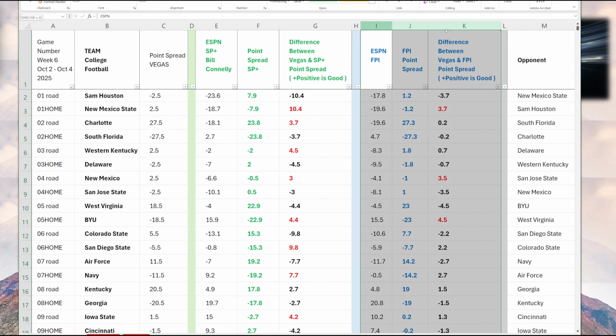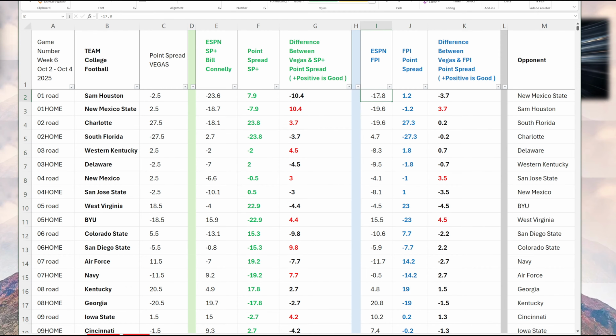Now this next group of numbers, the ones in blue, are from another power rating, also from ESPN, called FPI, the Football Power Index. The Football Power Index is a rating system for each of the college teams, or how good they are compared to each other. Then I calculate a point spread based on this FPI, and compare it to the Vegas point spread.